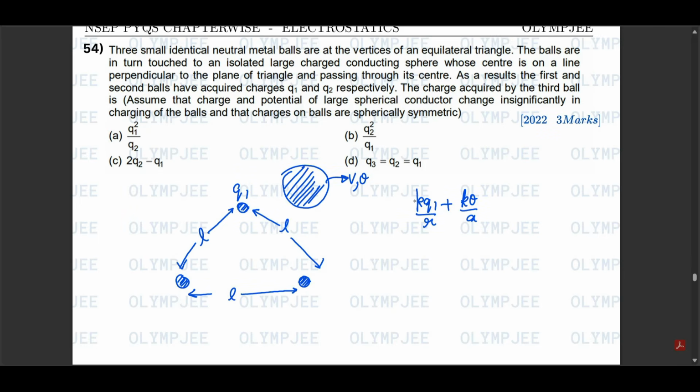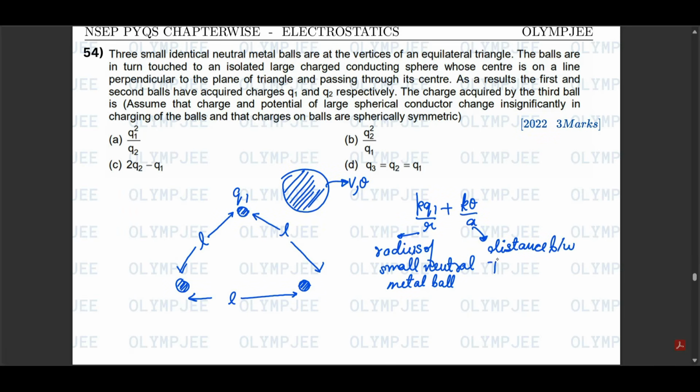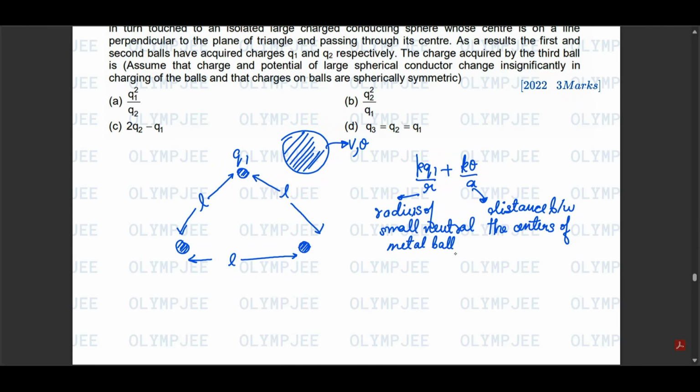So where r is the radius of the small neutral metal ball, and a is the distance between the centers of the neutral ball and the large conducting sphere.